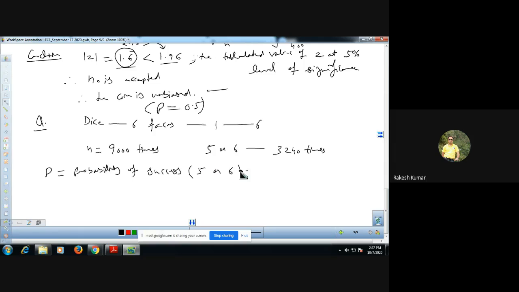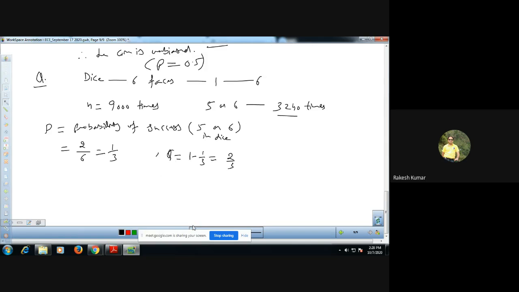Either getting 5 or getting 6 in the dice while we are throwing. The numbers we are getting are two, 5 or 6, so 2 out of 6. So P should be 1 by 3, and now Q is 1 minus 1 by 3, that is 2 by 3. So this is the value of Q.